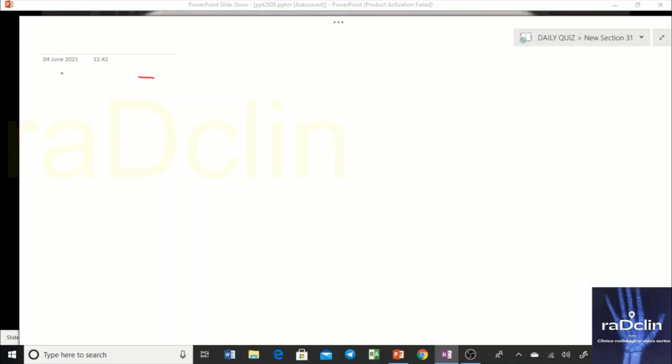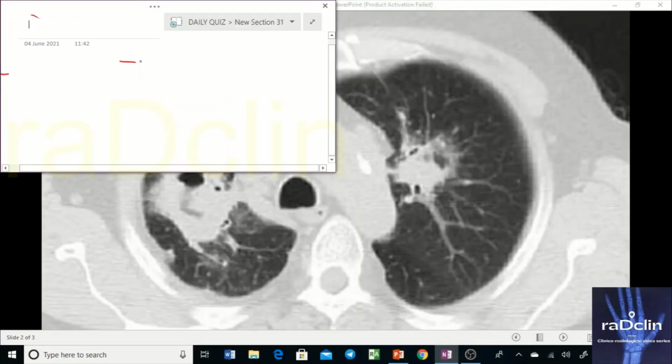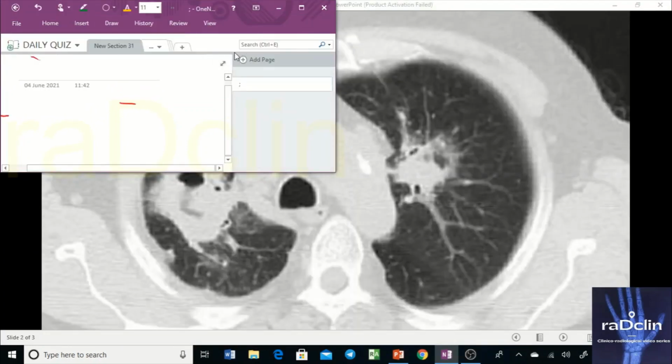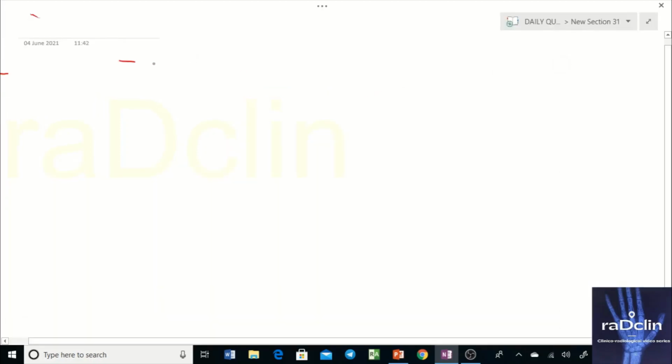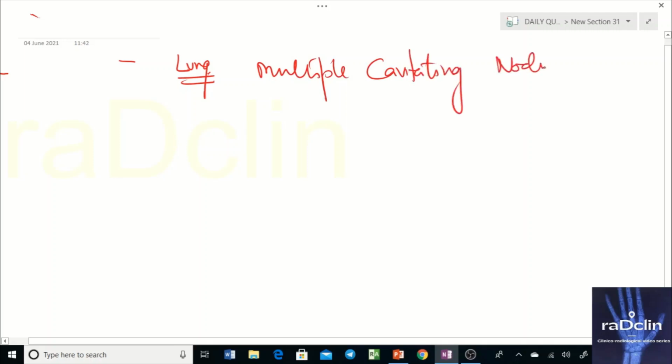Now, another important point regarding lung involvement: what is the next imaging finding? We discussed multiple cavitating nodules and masses.